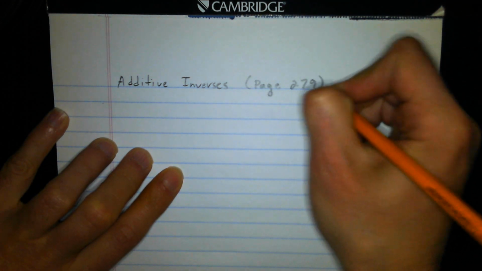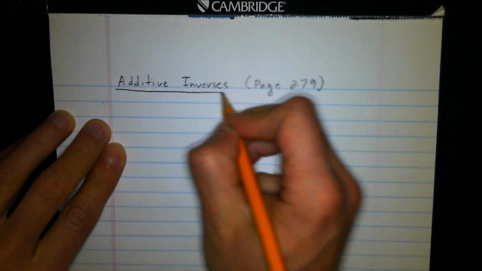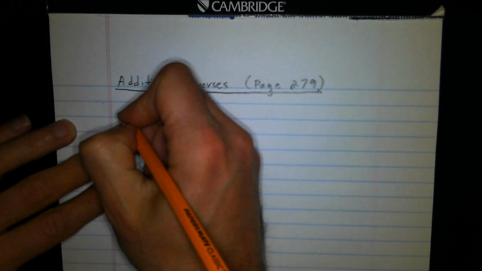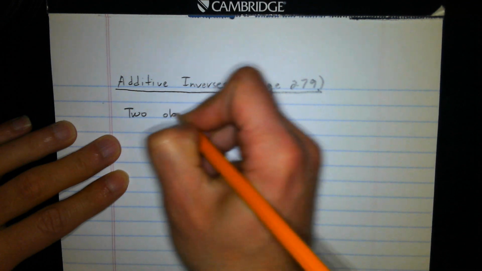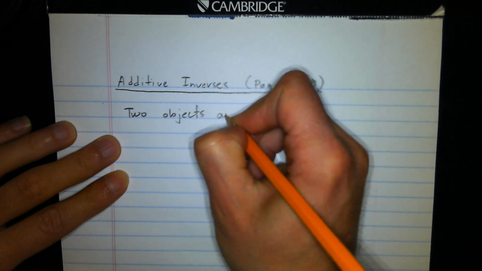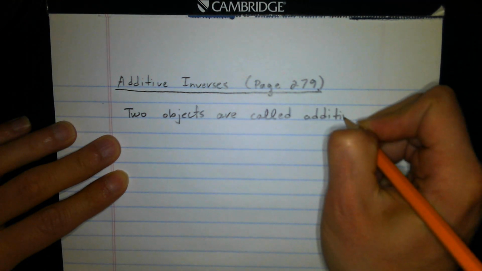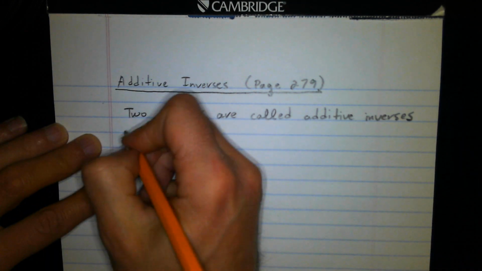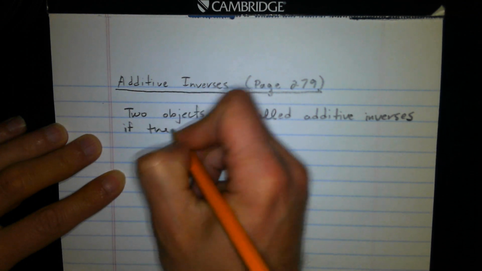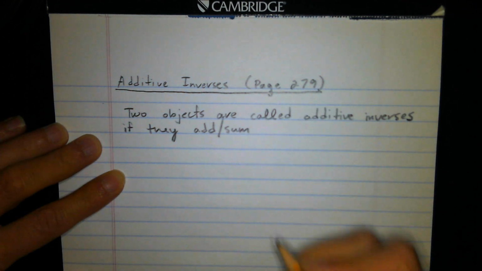And I'm just going to restate it here. Okay, so two objects are called additive inverses if they add to 0, add or sum. I much prefer using the word sum.